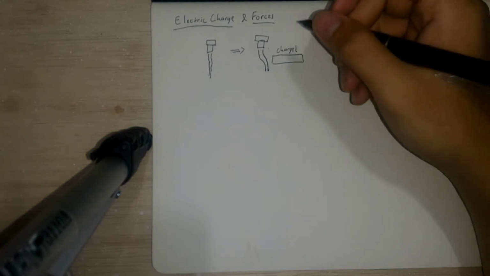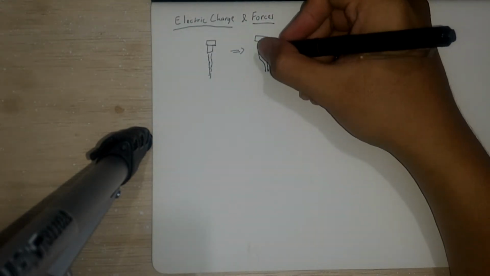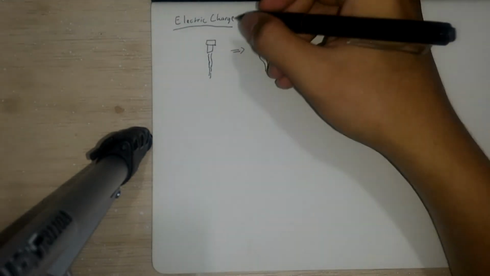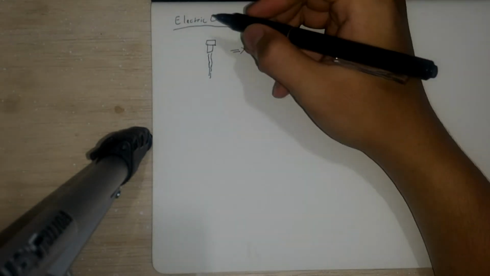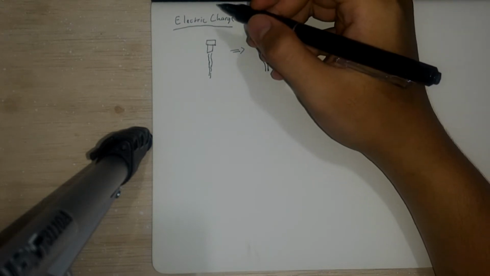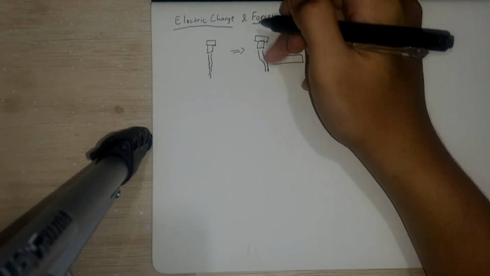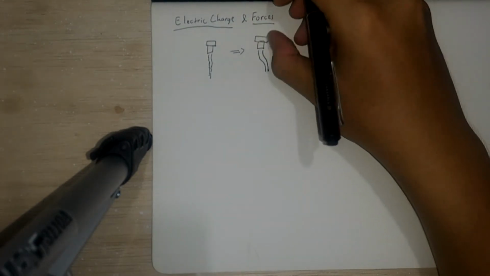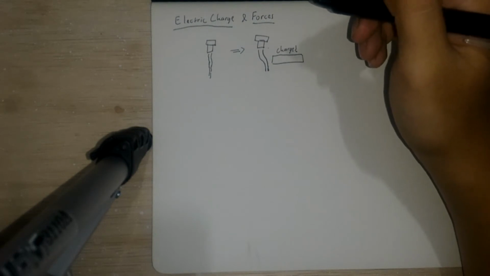All of these events, like the water flow that bends when a charged object is put close to it, are about electric charge. That's how we can explain these events, and that's why we're learning about electric charge.